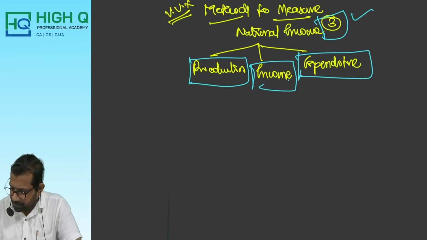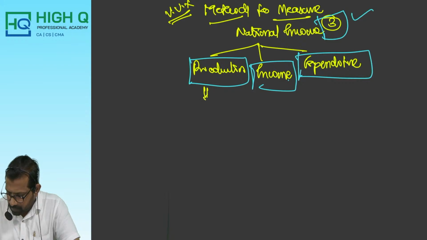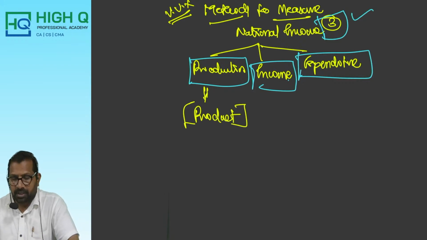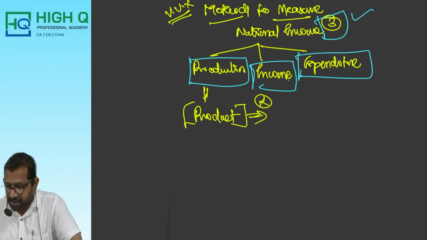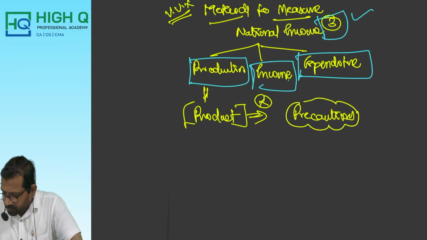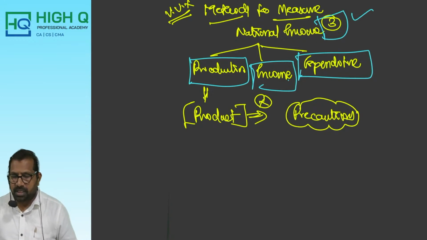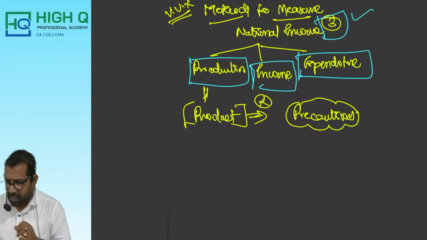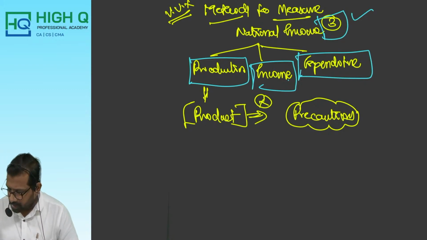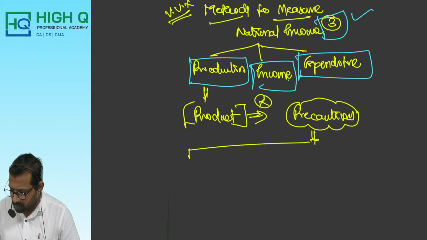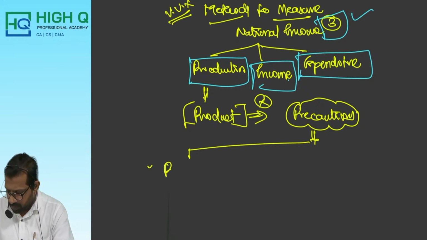So first method, product method. In this product method, again very important points that you can expect for your examination. Precautions. While calculating by the product method, what are the precautions to be taken in measuring the national income? Point number 1, the problem of double counting.